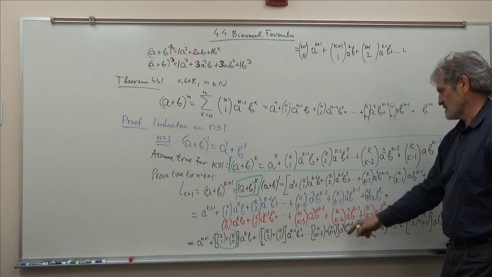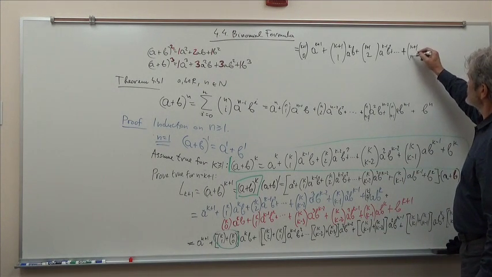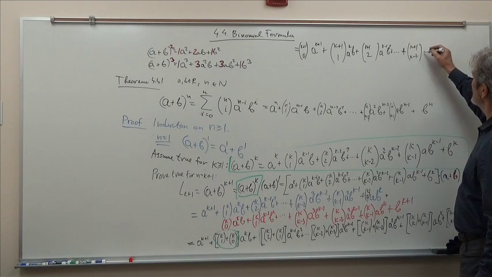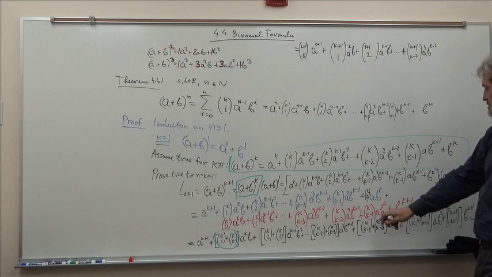Then these two together are k plus 1 choose k minus 2, a cubed b to the k minus 2.